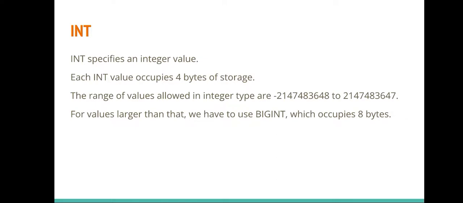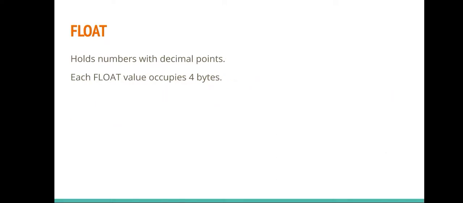Now the next data type is float data type, and it holds numbers with decimal points, and the float value occupies 4 bytes of storage in the memory.